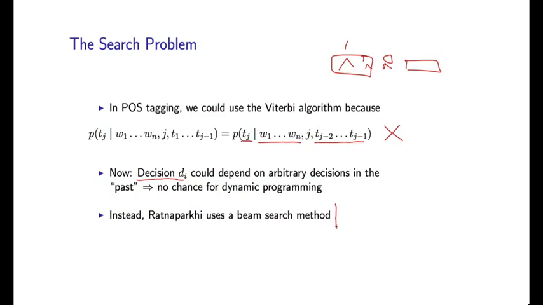I won't go into the details, but intuitively, this is going to build several possible parse trees, left to right, using the kind of decisions we just described. Each of these parse trees is going to have some probability. And at each point, we'll just keep around, say, the top 20 or 30 most probable parse trees under the model for that partial set of decisions that I've made in constructing each one of those parse trees.